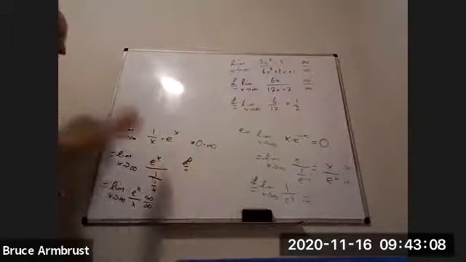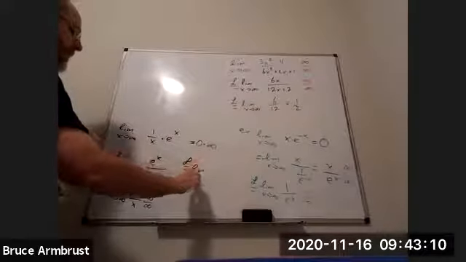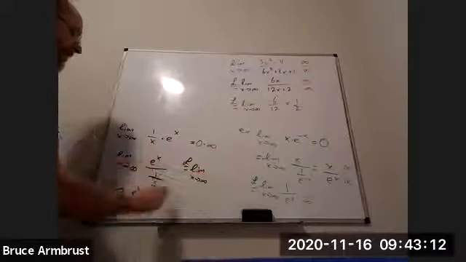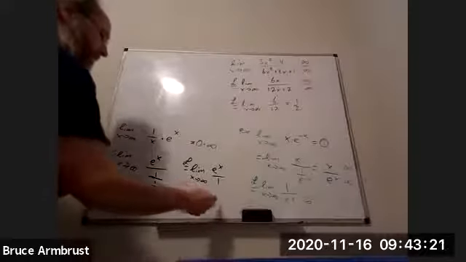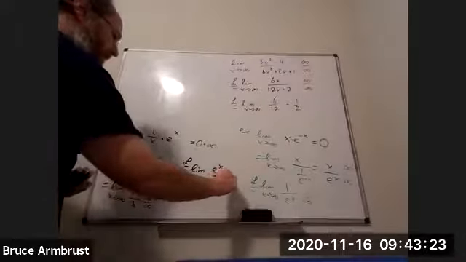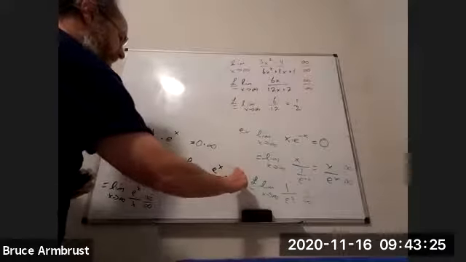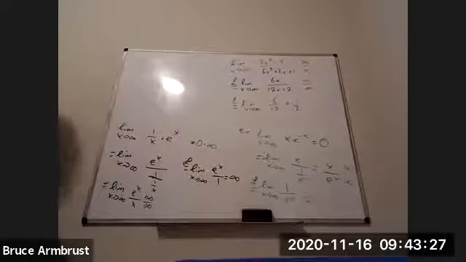L'Hopital's rule then says this is the limit as x goes to infinity of e to the x over 1. The derivative of e to the x is e to the x. The derivative of x is 1. And this guy is infinity.